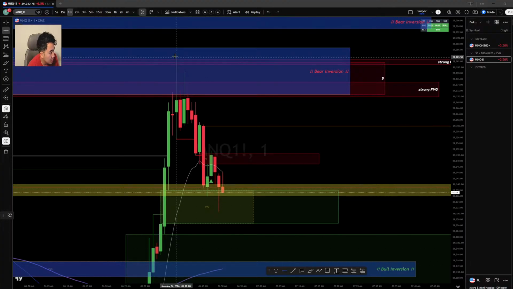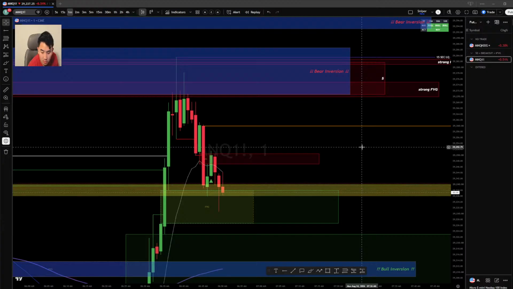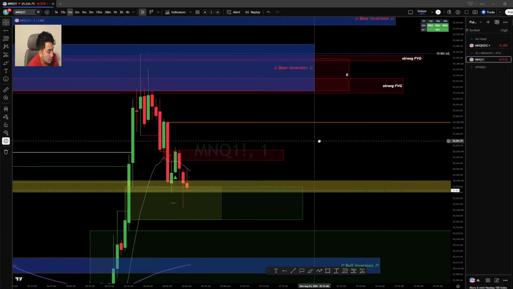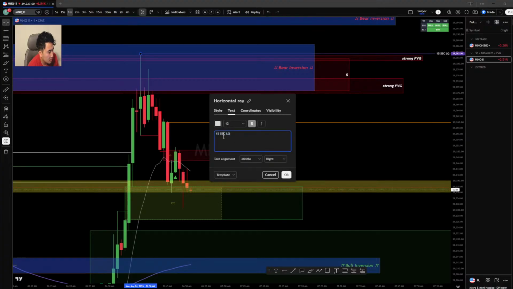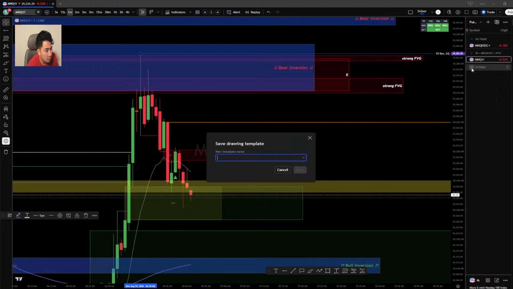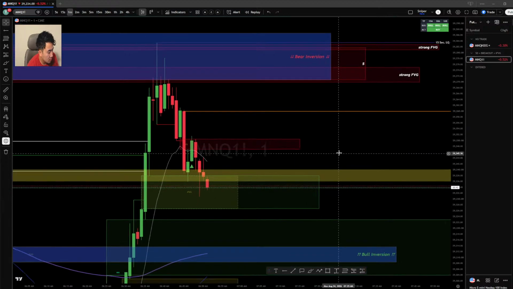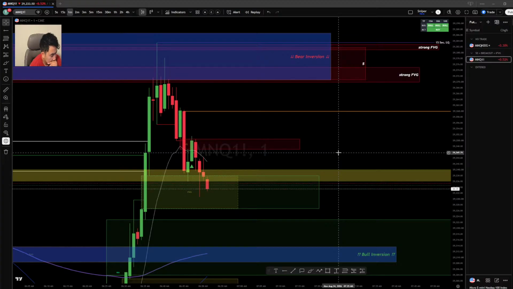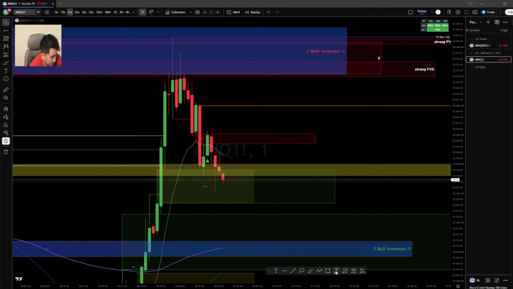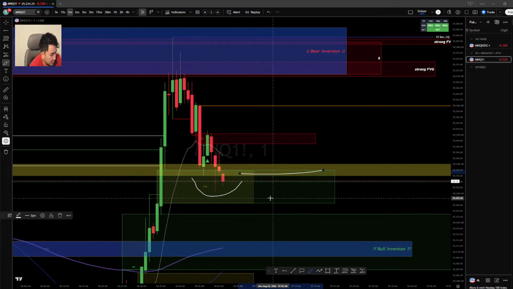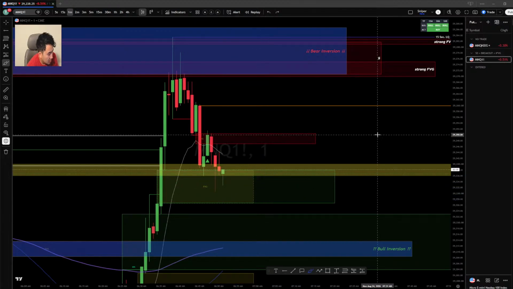And 15-second liquidity up here. We have some buyers stepping in this area based off of this support level and this bullish FVG, but we're just gonna wait.